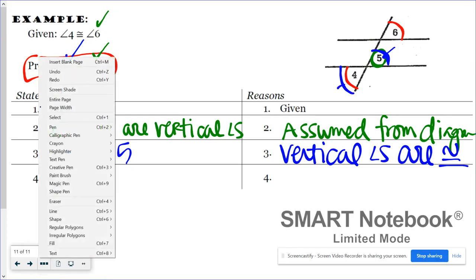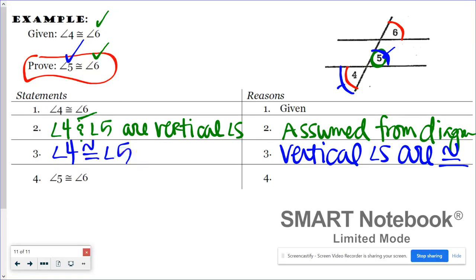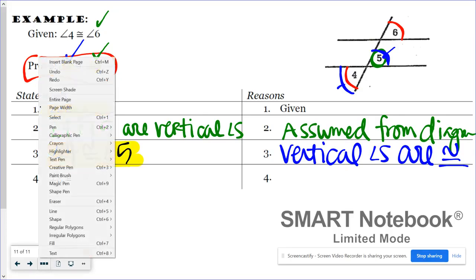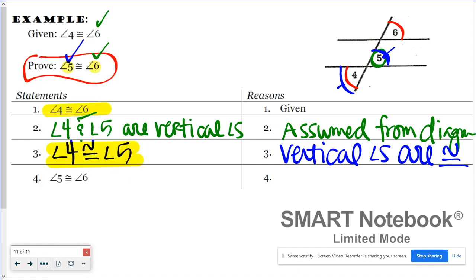Okay. So once both of these angles are in your proof, you're probably ready to prove they're congruent. So notice angle 6 in step 1 is congruent to angle 4. And in step 3, we have angle 5 is congruent to angle 4. So they're both congruent to angle 4. What is that?